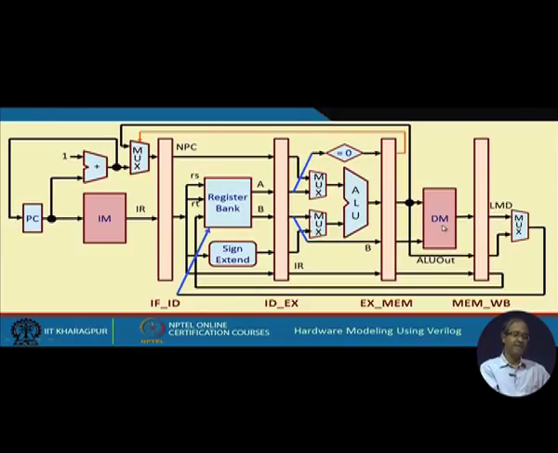Suppose if you had a single memory, then you could not do these two things together. That is why I have separated them out, instruction memory and data memory, so that this kind of structural hazard can be removed. Instructions will be stored in one memory, data in another memory, something like that we can assume.